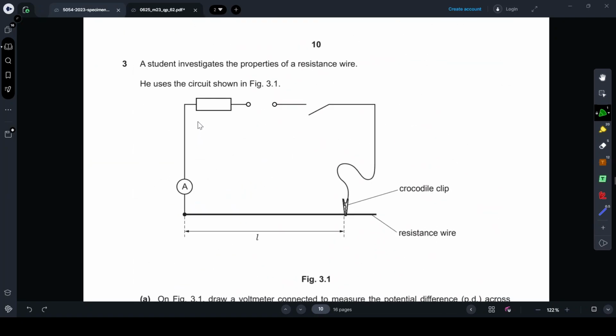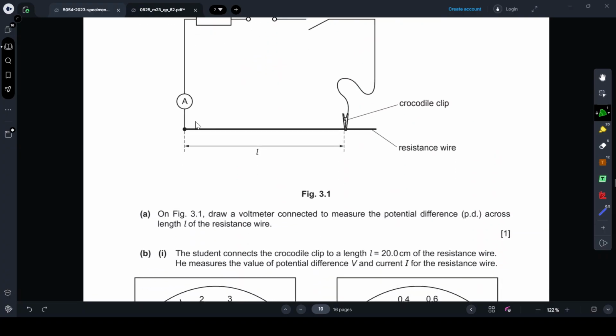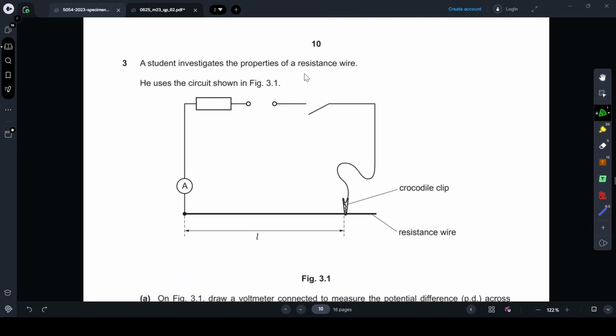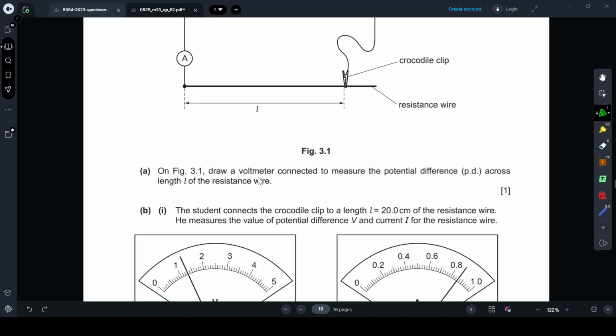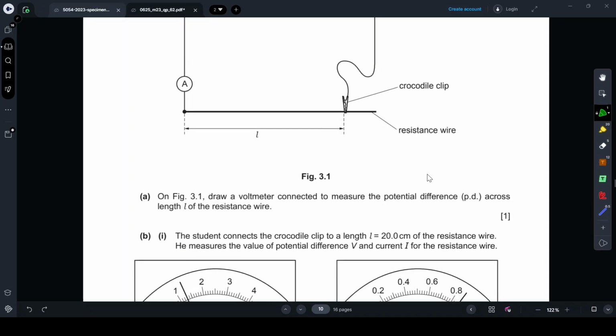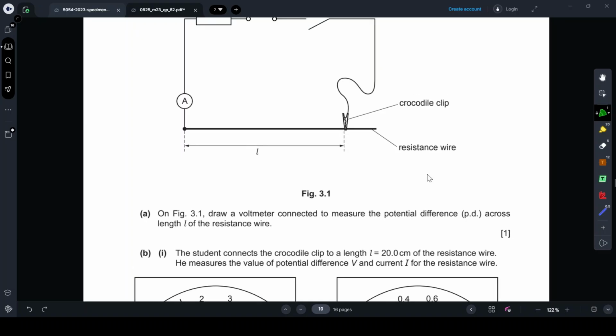So he uses the circuit shown in figure 3.1. On figure 3.1, draw a voltmeter connected to measure the potential difference across the length of resistance wire.